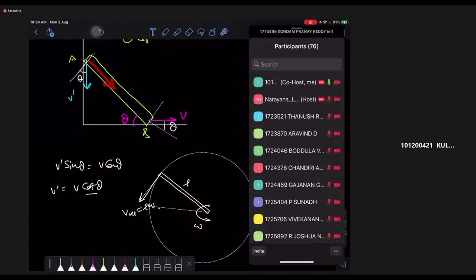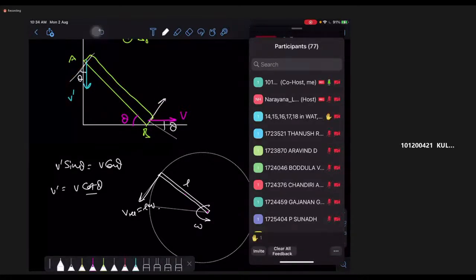these components are cancelling out, the parallel component is cancelled out. So only the perpendicular component is there: the perpendicular component of A minus the perpendicular component of B. The perpendicular component here is V dash cos theta, which are in opposite directions, V dash cos theta and minus V sine theta.